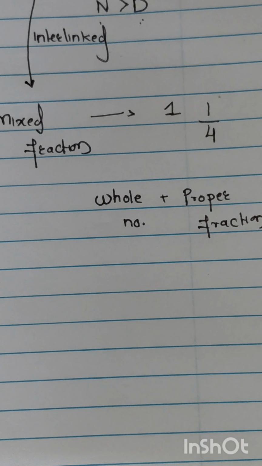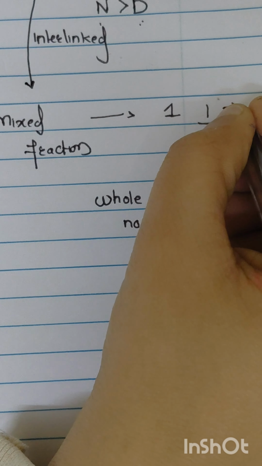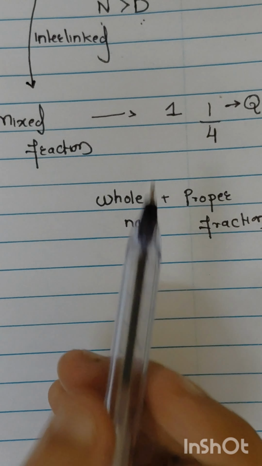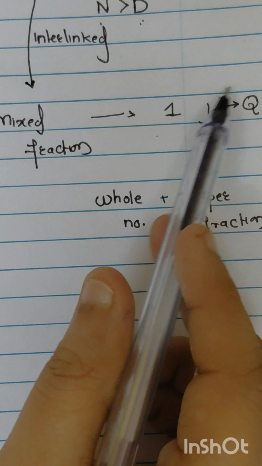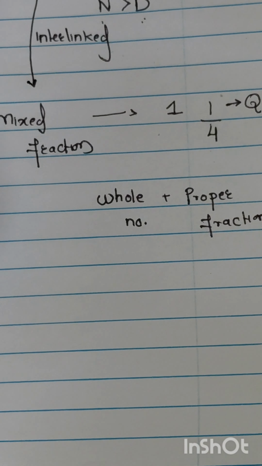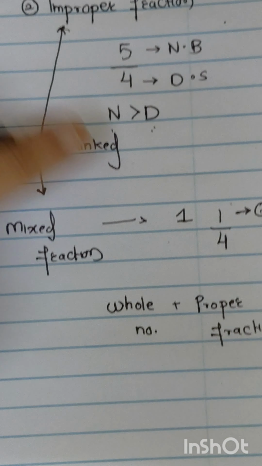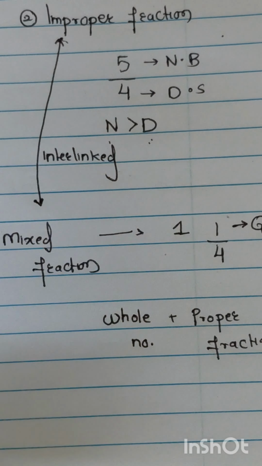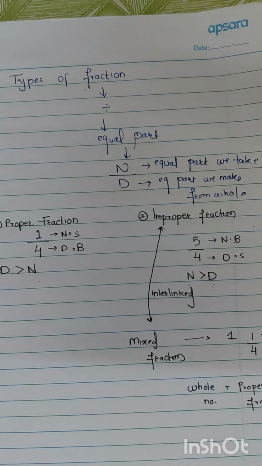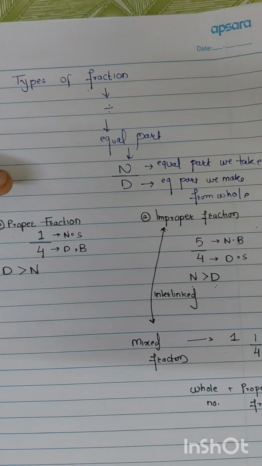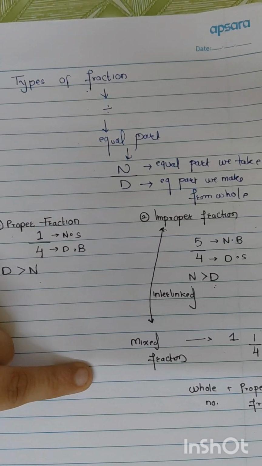We clearly see that when there are mixed fraction questions, we see one whole number with a proper fraction. And when we convert this mixed fraction, we get the answer in the form of an improper fraction. So what do we see? We see the types of fraction: proper fraction, improper fraction and mixed fraction.